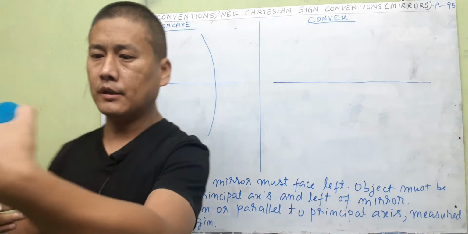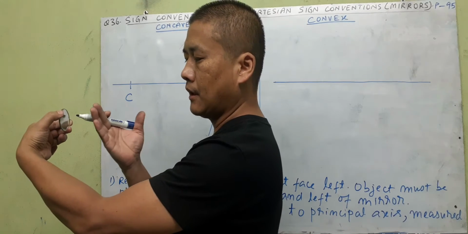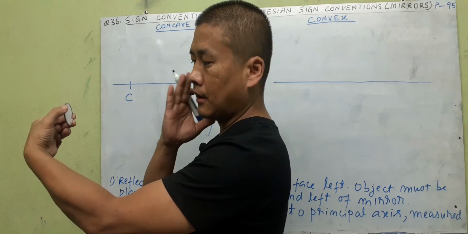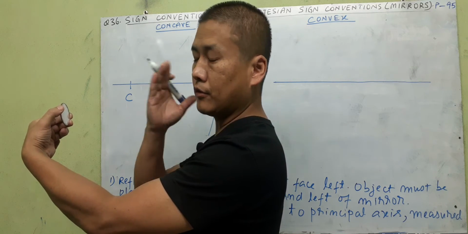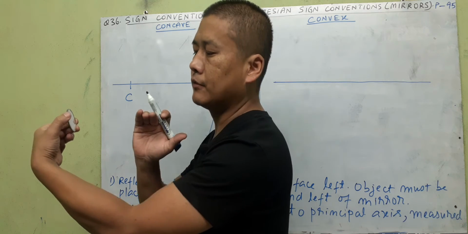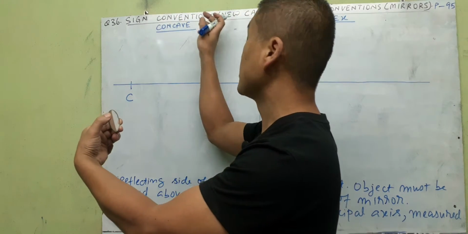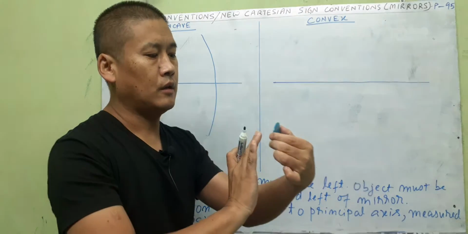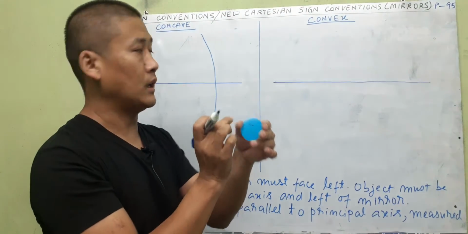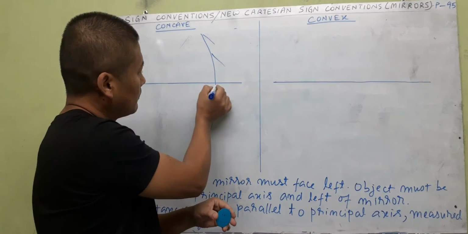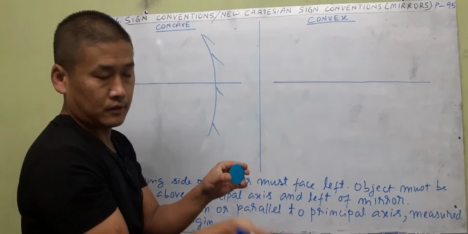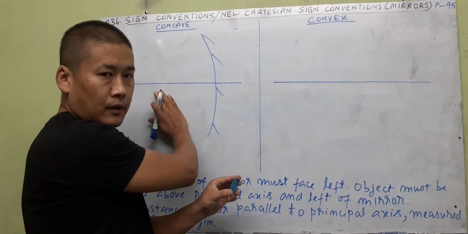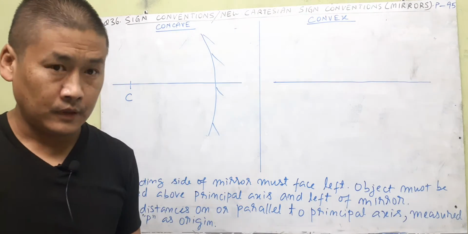In real life we can also use the reflecting surface facing right, with the object on the right, but here we are following convention. So we will not do that; we will draw it so that the non-reflecting side, the blue side denoted by oblique lines, is on the right, and the reflecting side is on the left. This is the first sign convention.